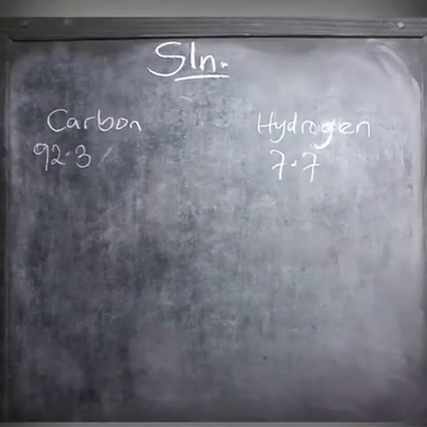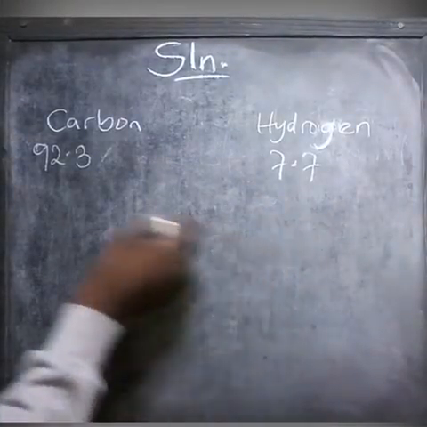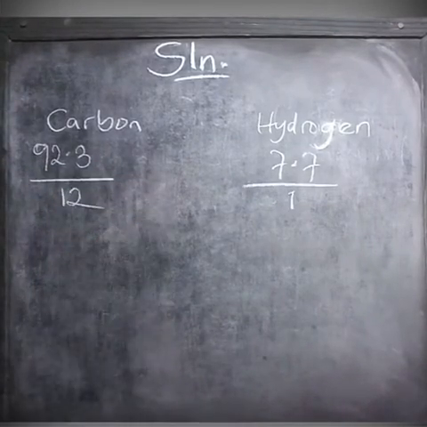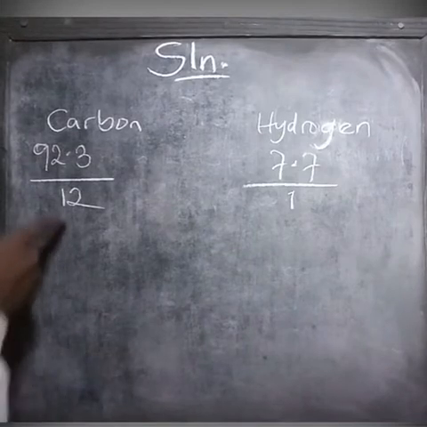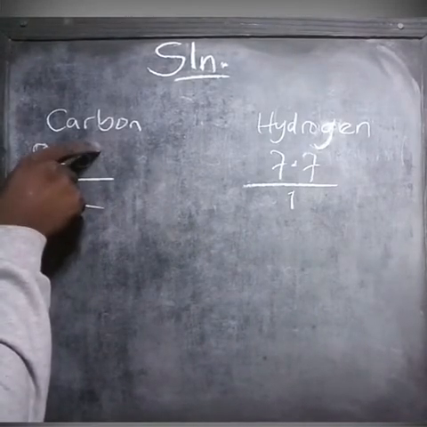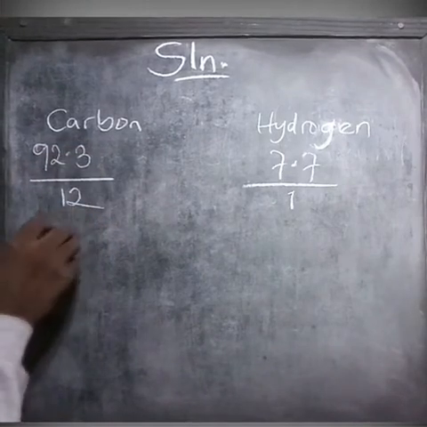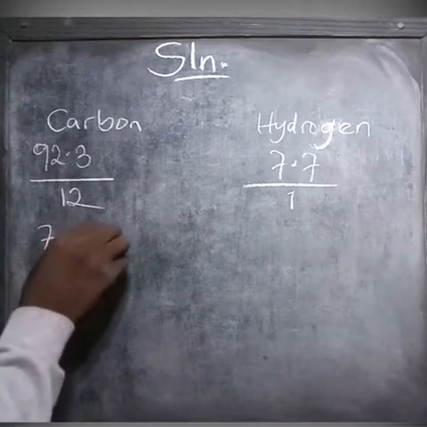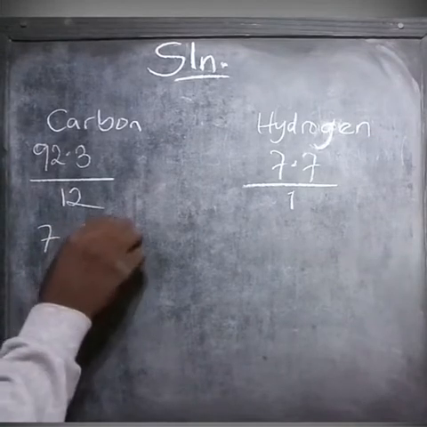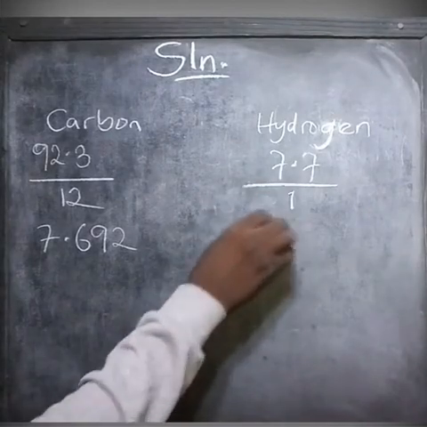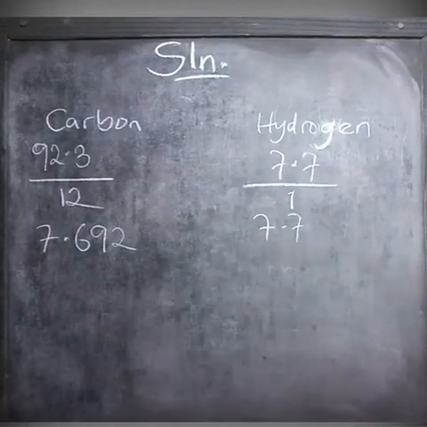So also, as we did earlier, to find the empirical formula, the first step is to divide them by the atomic mass. So when you divide 92.3 by 12, definitely you are going to have 7.692 approximately, while here you are going to have 7.7.